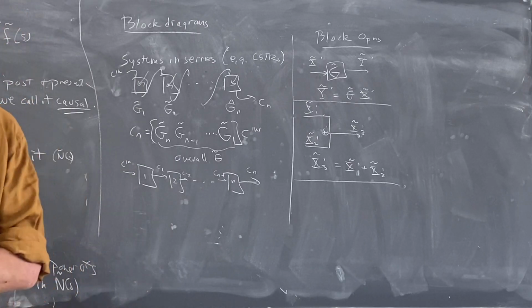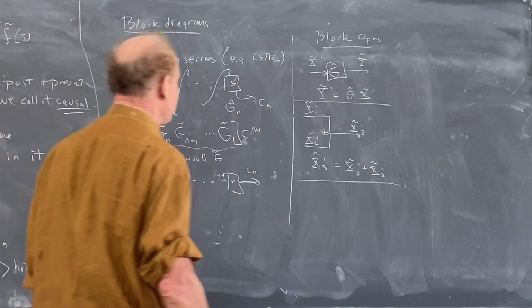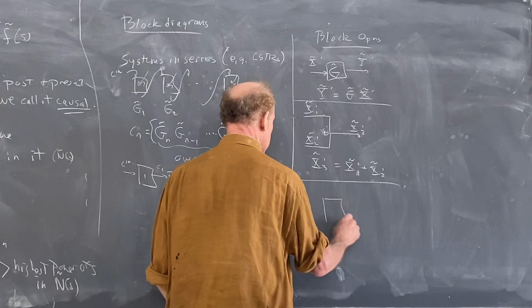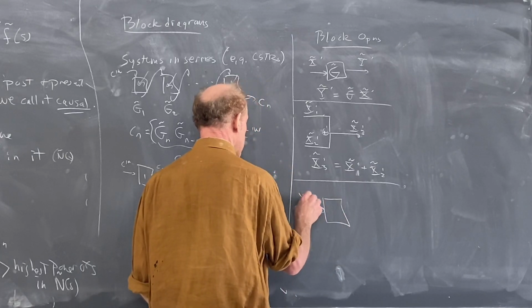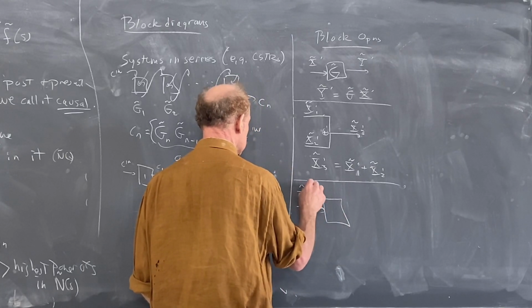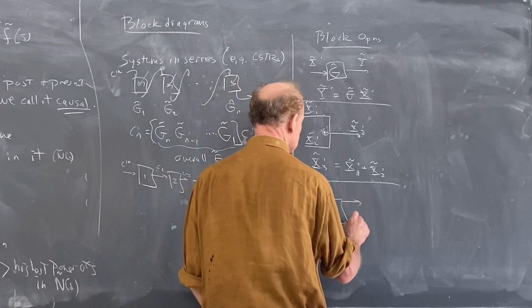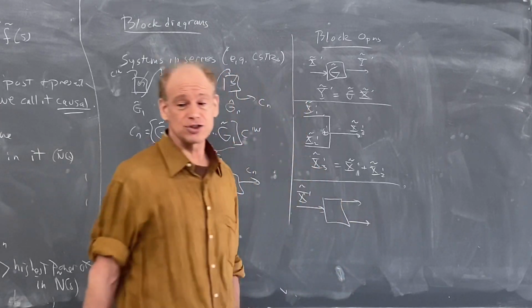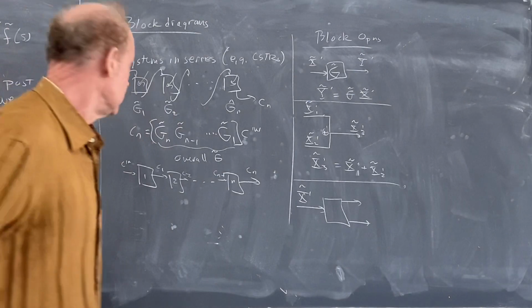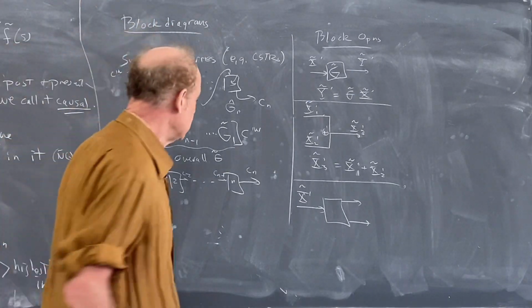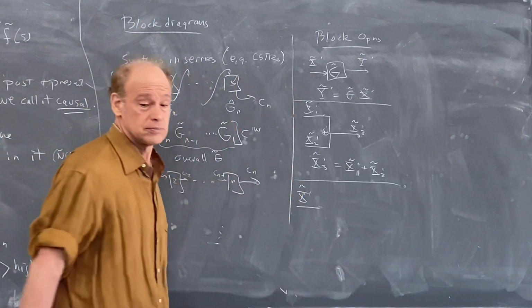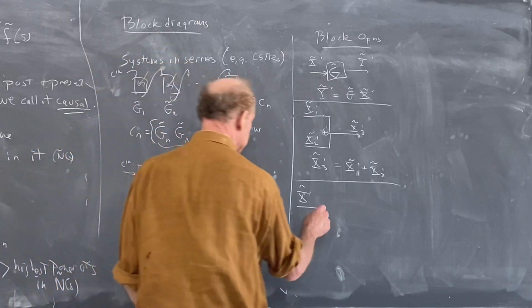And finally, I can have a block here where I have one input, x prime tilde, and I have two outputs. Actually, I don't need a block. This is just a split. It's not a block. Sorry. It's just a split.